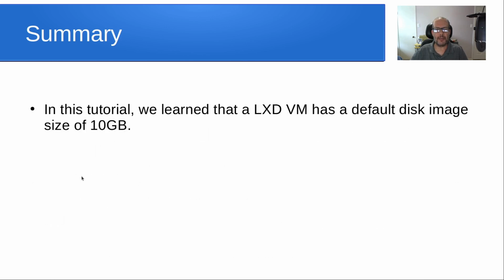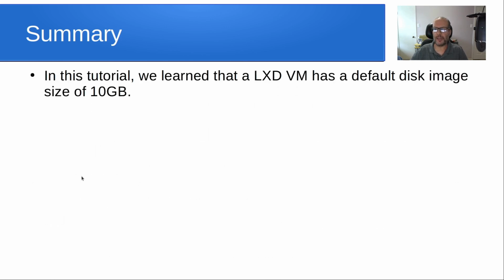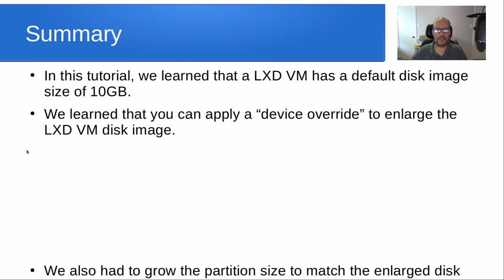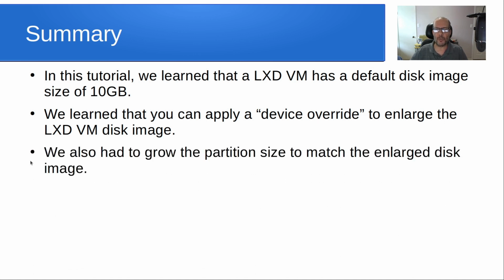So in summary, in this tutorial, we learned that an LXD virtual machine has a default disk size of 10 gigabytes. We learned that you can apply a device override command to enlarge the LXD VM disk. We also had to grow the partition size to match the enlarged disk image.